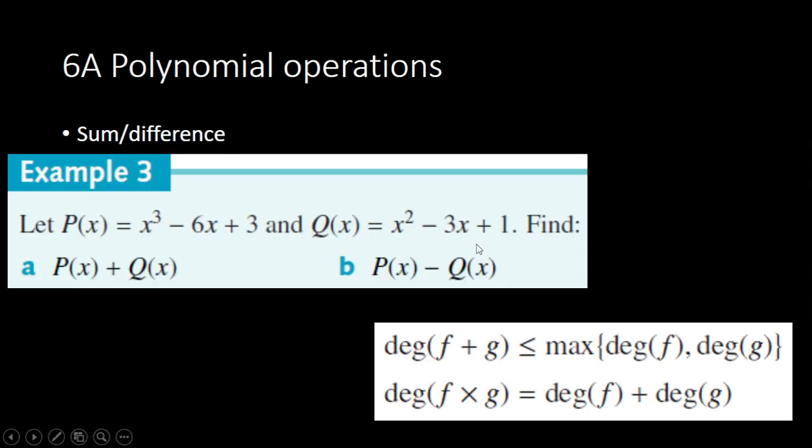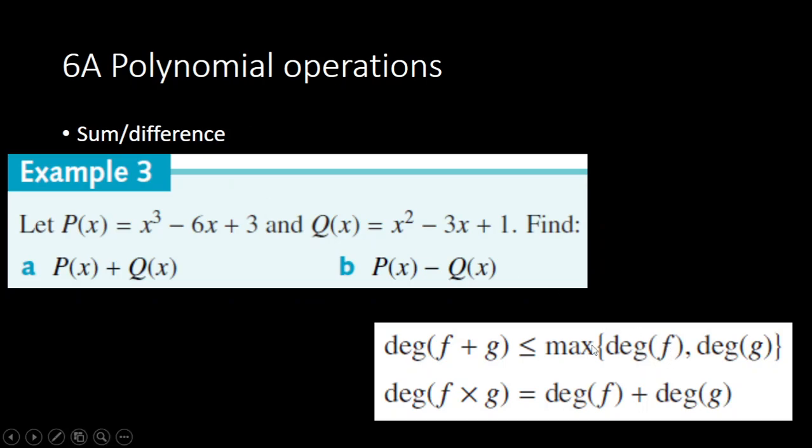Alright, let's move on. A few operations you need to be familiar with. When you do a sum or a difference, you look at the like terms and add or subtract the coefficients.